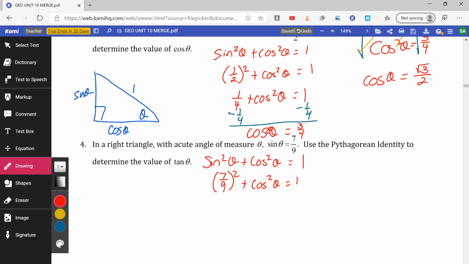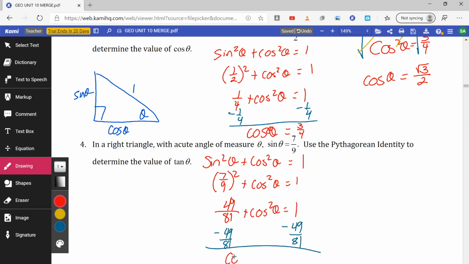Just like before, where I take the square root of both numbers of a fraction, if I'm squaring a fraction, I have to square both numbers. So 7 squared gives me 49 over 9 squared, which is 81, plus cosine squared gives me 1. We'll subtract 49 over 81 from both sides.